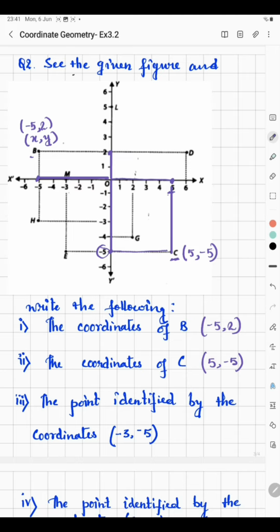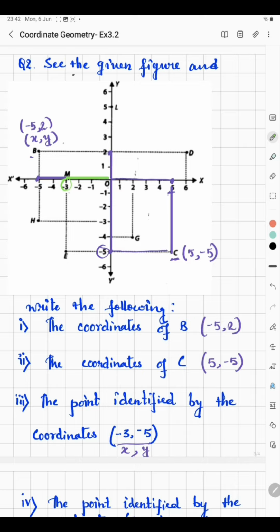Now, in the third part, we have the point identified by the coordinate -3, -5. From the figure, we will find the point identified by the coordinate -3 and -5. So -3 means value of x and -5 means value of y. At first, we will see the x-axis. See here is -3. And then -5.